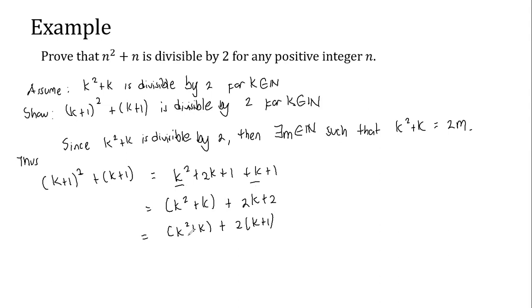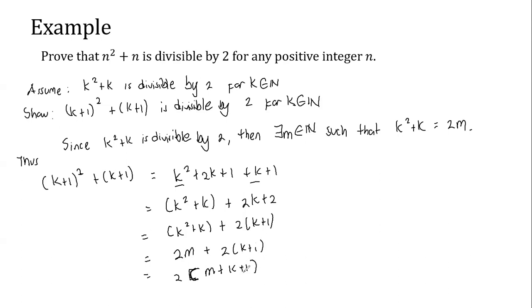Okay. So, yung k squared plus k, ano ba yan? 2m, no? So, 2m plus 2 times k plus 1. And this is 2 times the quantity m plus k plus 1. Factor out natin yung 2.